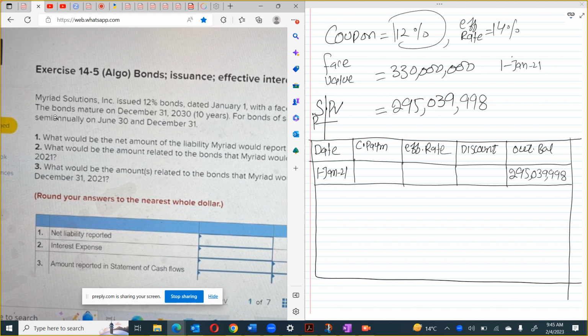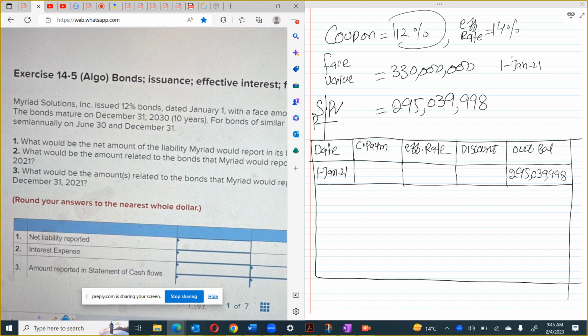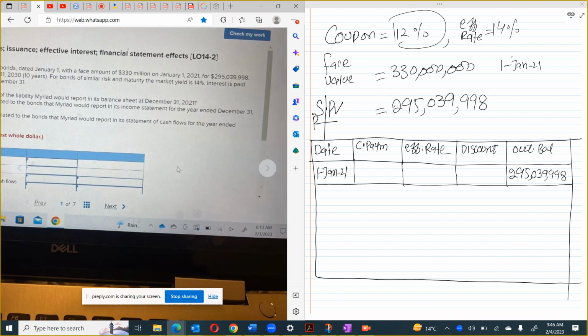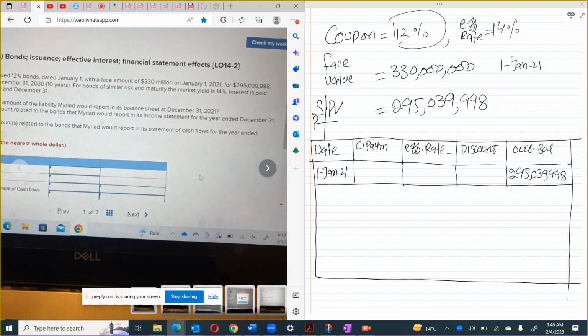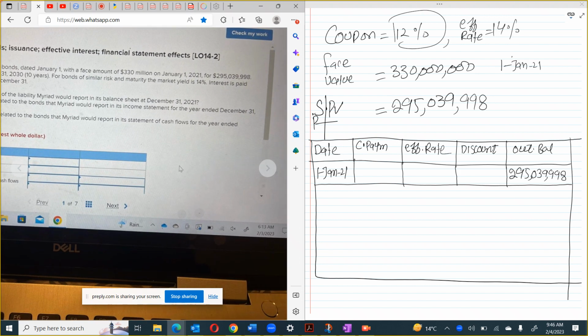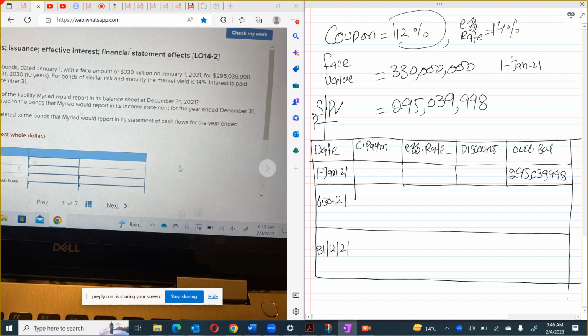This means I need two periods. The first payment will be 30th June 2021. Another payment will be 31st December 2021.